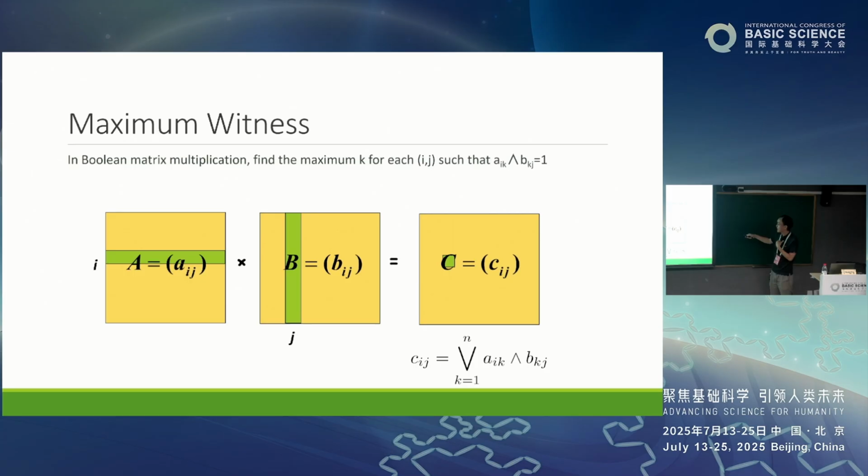But the maximum witness means that if C_ij equals 1, we want to find the maximal k for each such ij, such that A_ik equals B_kj equals 1. That is the maximum witness.